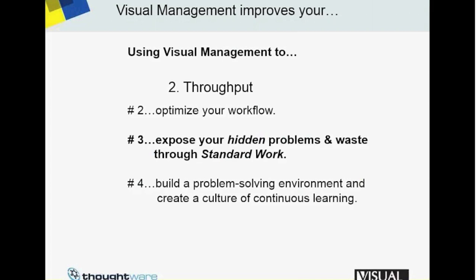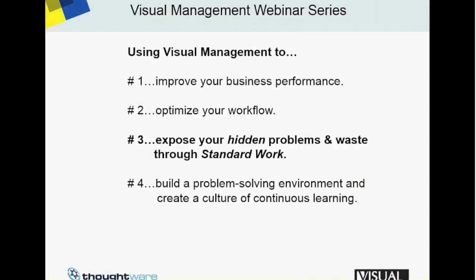In our next module, we'll look at visual management as a method to expose hidden problems and waste and lead to anchoring that process with standard work. As we move toward using visual management installations as a natural problem-solving framework for continuous improvement, employees begin to take initiative to remove the disruptions to flow, and we move to improvement.